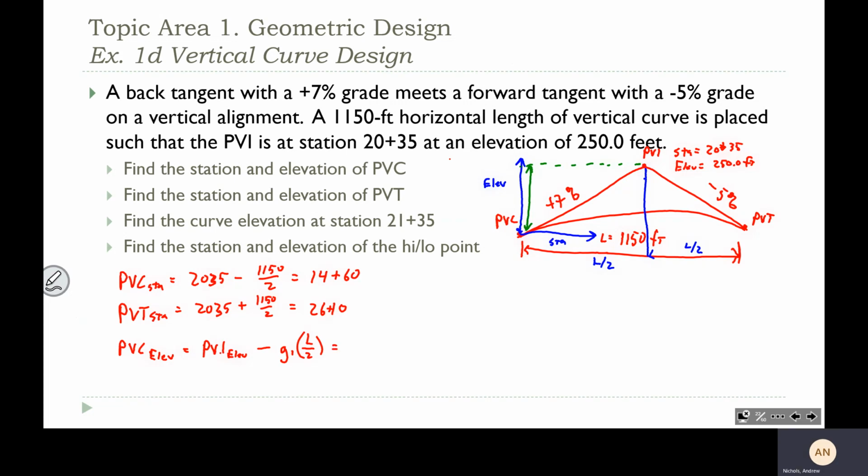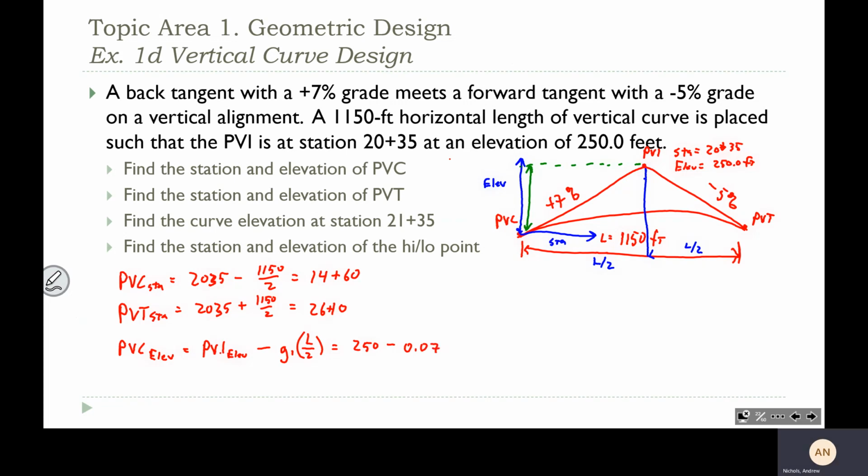So our starting elevation, don't get your elevations and your stations confused as you're going through these. We've got 250 minus the grade, which needs to be in decimal format. You're not told on the equation sheet that this is in decimal format, but if you use it as a whole number, your answer should not make sense.